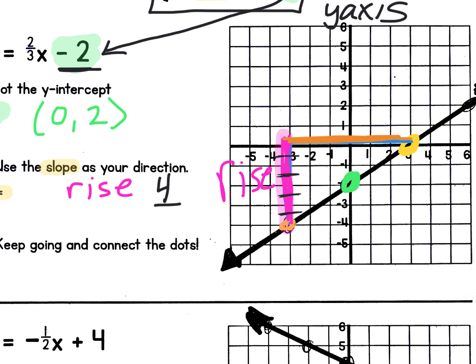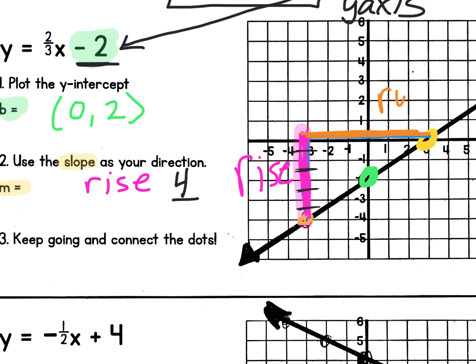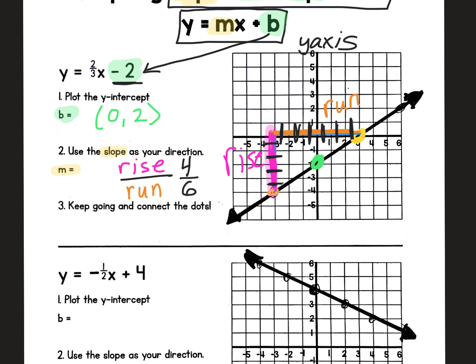And then my horizontal distance across is what we call our run. So you might have heard the expression rise over run. If I count my run, I've got 1, 2, 3, 4, 5, 6 boxes. So my rise over my run is 4/6, which in simplest form is 2/3.